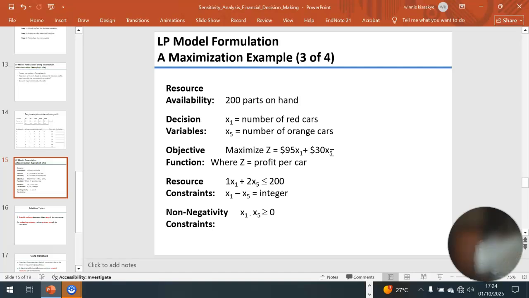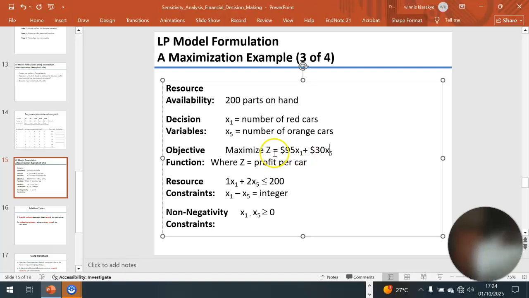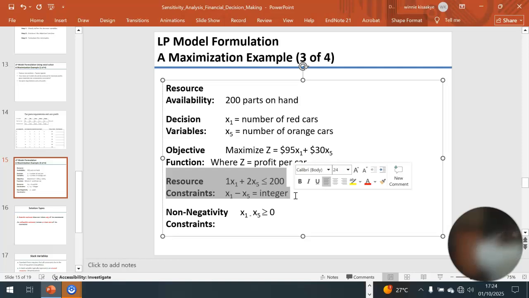Okay, so that's how we shall determine the objective function. Then these are the resource constraints, as in the limitations set, so that we can select the most viable alternative solution to our problem.